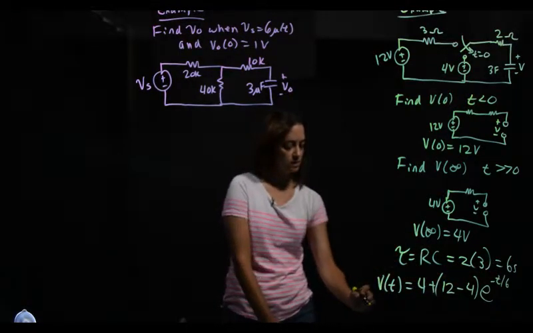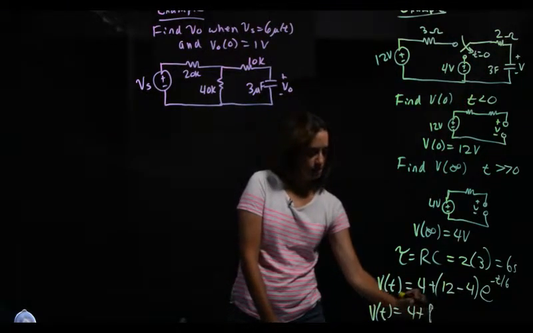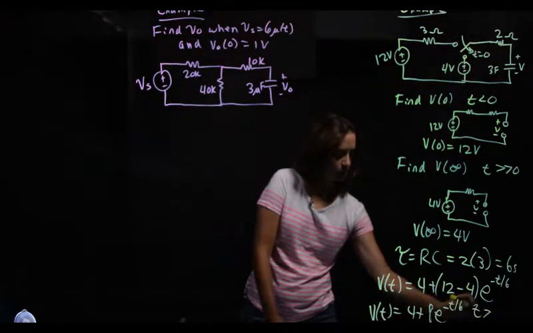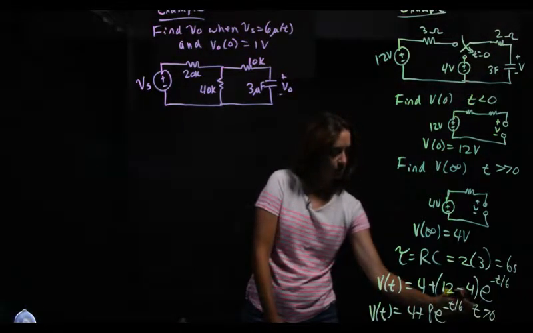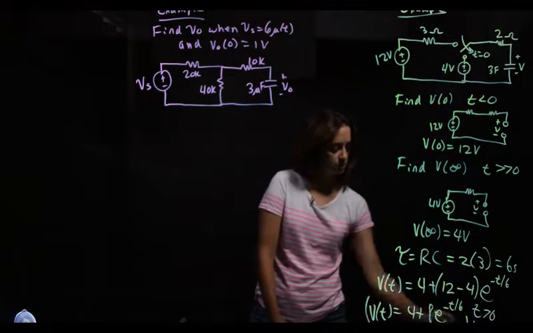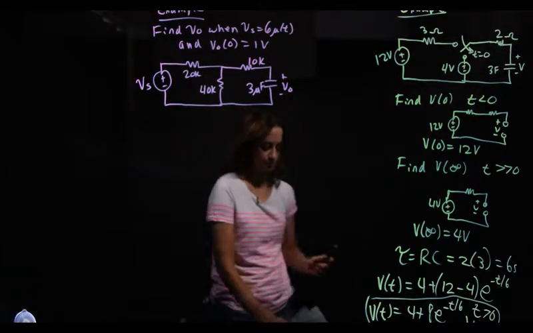And we can just make this look a little bit nicer. Say 4 plus 8e to the minus t over 6 for t greater than 0. That's not a very good t, but that's okay. And add volts. There you go. There's our answer for that one.